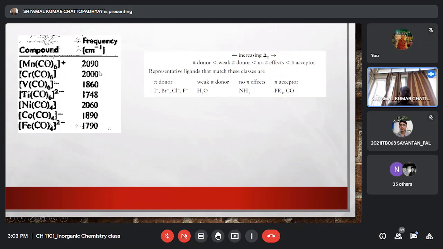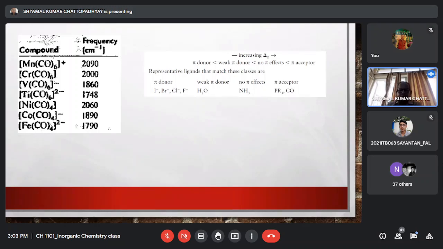That means the carbon monoxide C triple bond O bond strength decreases, and that is because, starting from the plus charge, if you go to neutral and negative charge, obviously the electron donation power of the plus charge will be less, the neutral will be greater than the plus, and the negatively charged metal ion will have greater ability to donate back the pi electron.